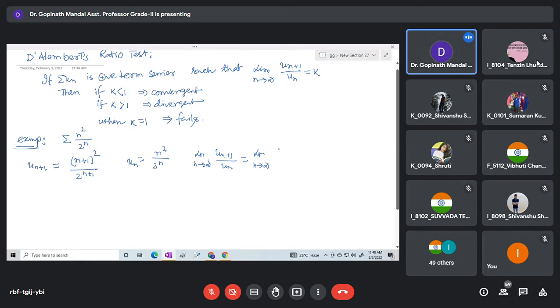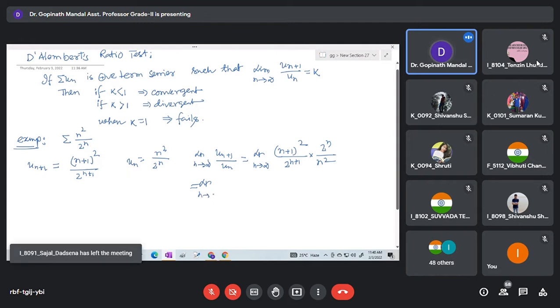Then (n+1) square by 2 to the power (n+1) times 2 to the power n by n square. So the limit as n tends to infinity, this will be half of (1 plus 1 by n) square.